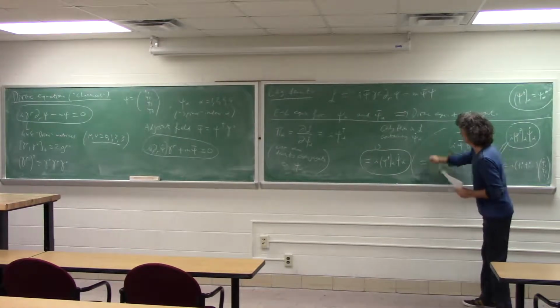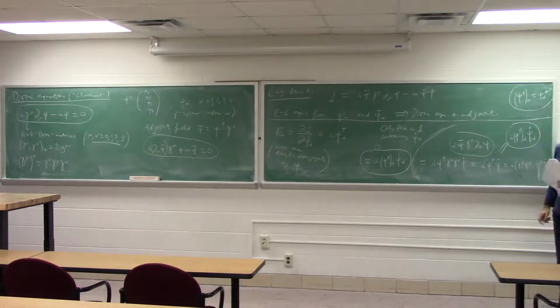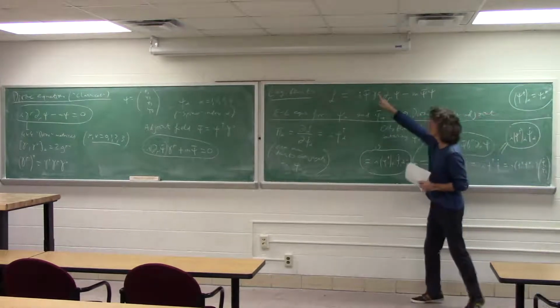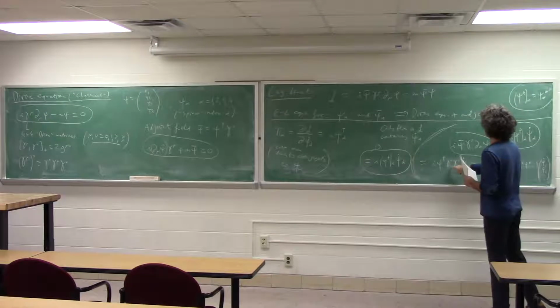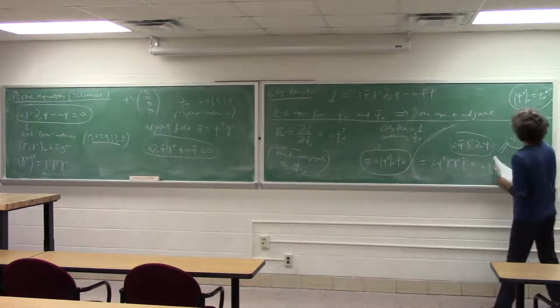So let me just bracket that off. It was just this term here with mu equal to 0, which is equal to this. Gamma 0 squared is 1, so it's equal to this.